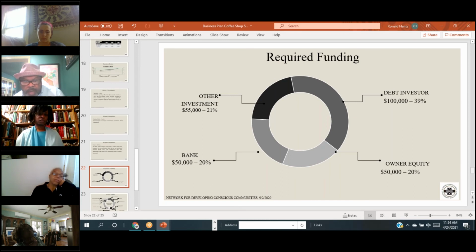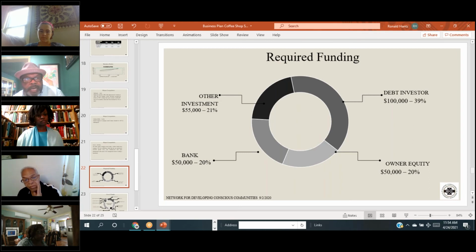Some of you may want to look at that as a funding stream. There is a crowdfunding platform out there called Kiva, KIVA. You can look that up as well. It's another source of raising capital.